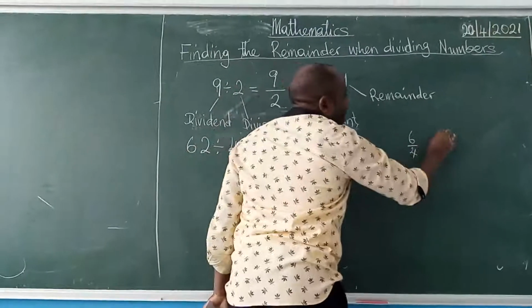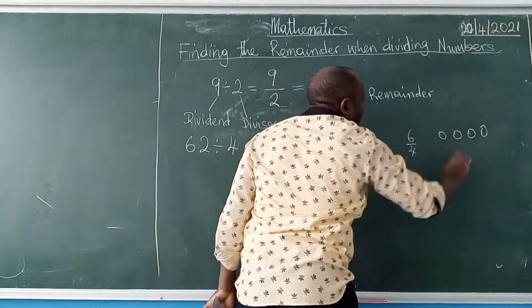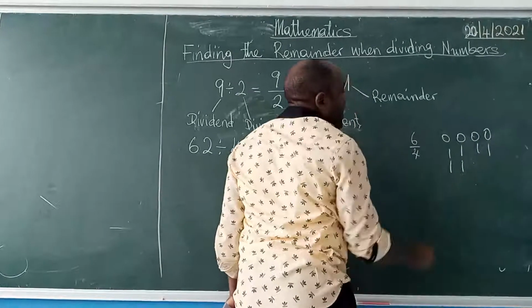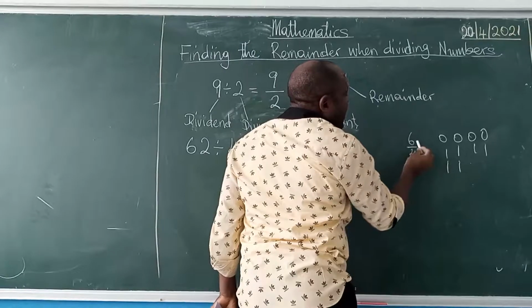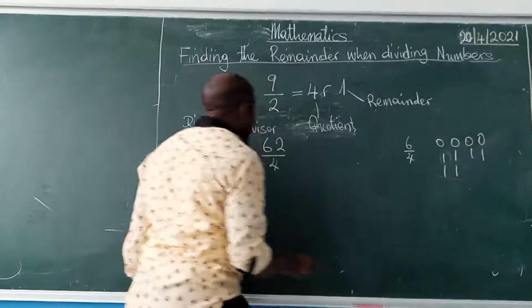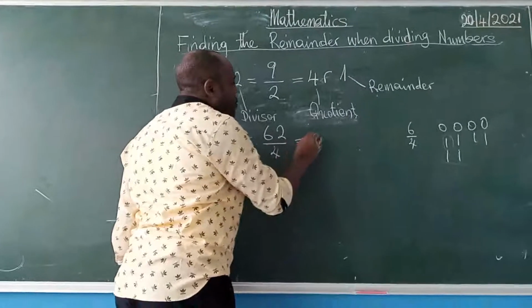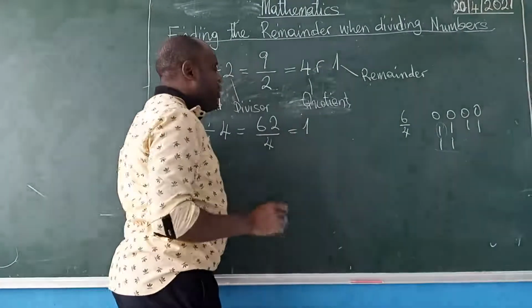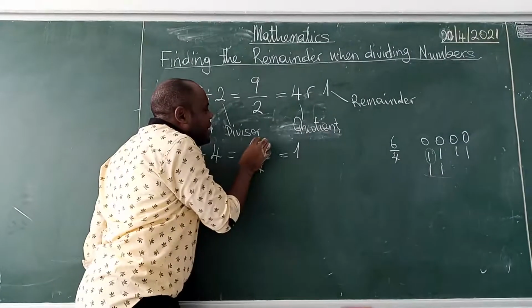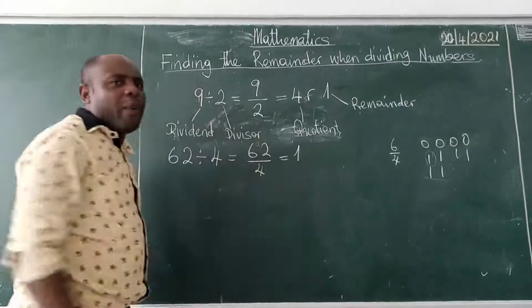If I take 1, here it will be 1, 2 is remaining. The 2 that is remaining, we attach it in front of the next number.